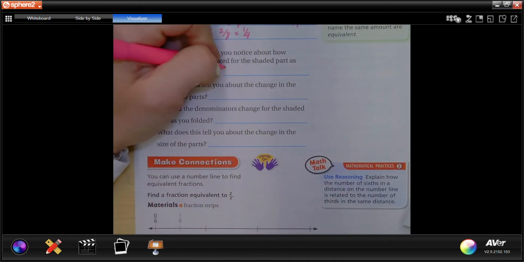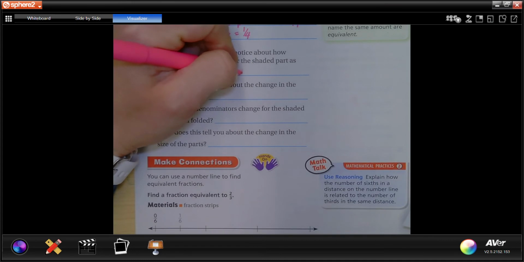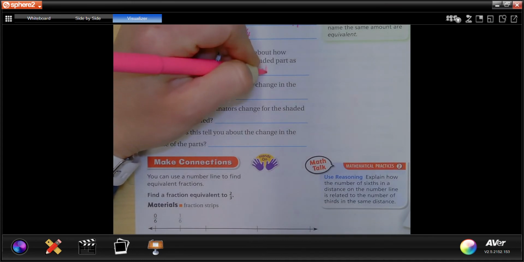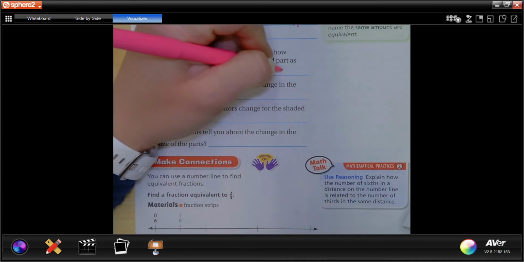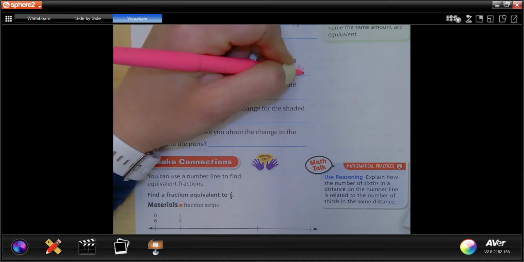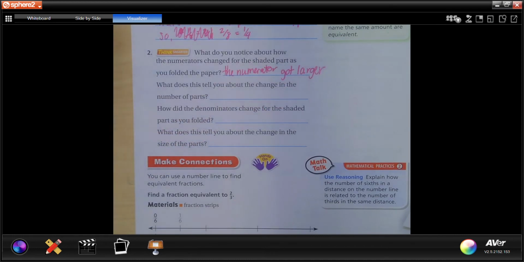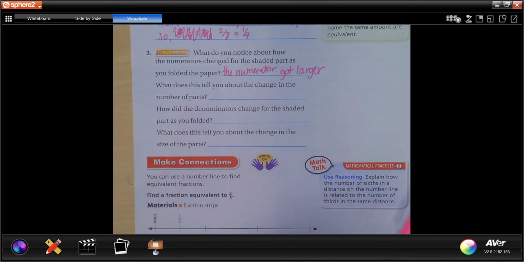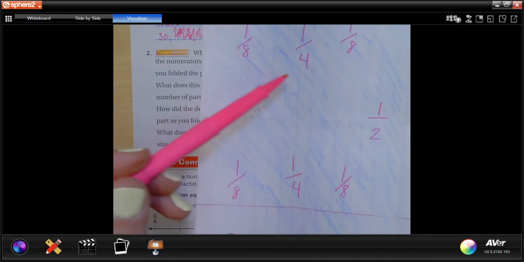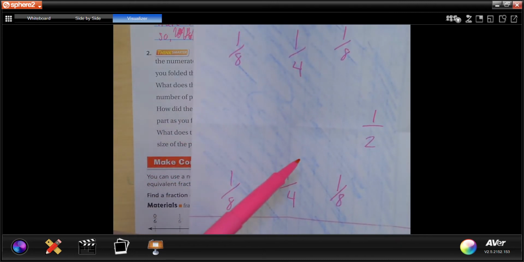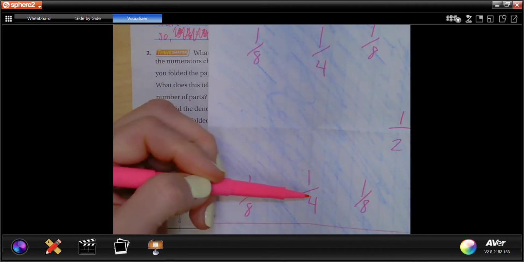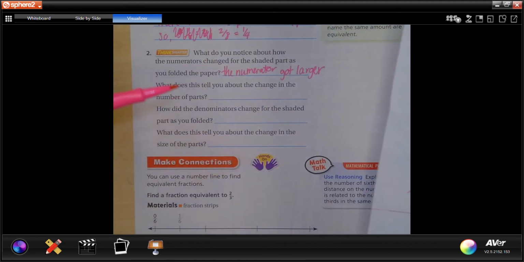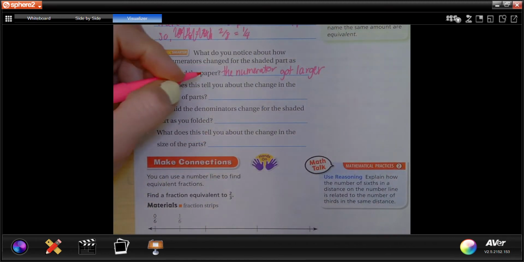So the numerator got larger. What does this tell you about the change in the number of parts? Well, the number of parts goes up, so it increases. So 2/4 is equivalent to 4/8, so the number of parts increases.